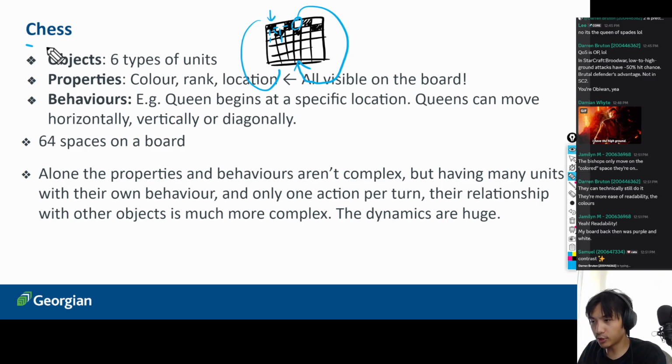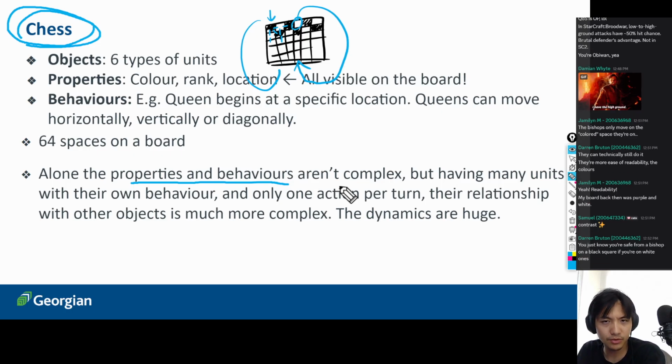So what's interesting about chess, and it's a really great thing to study, is that the individual properties of these objects and things, they're not really that complex, right? It's actually really easy to learn the rules of chess. It's so easy. In fact, it's something that people would say is easy to learn, hard to master, right?